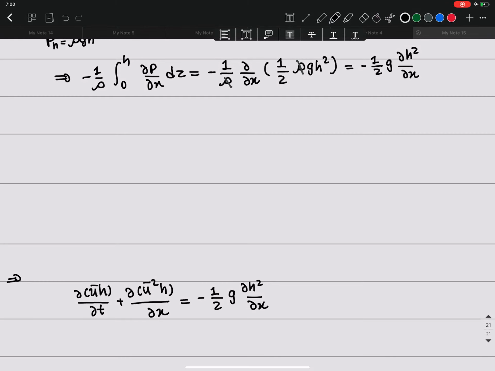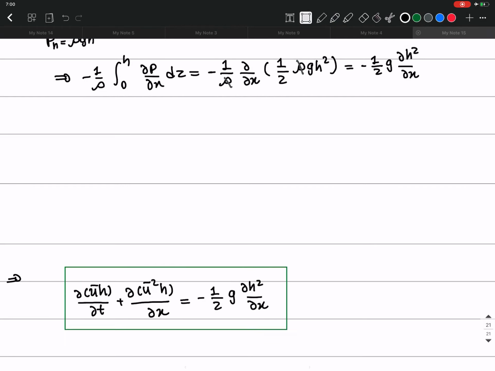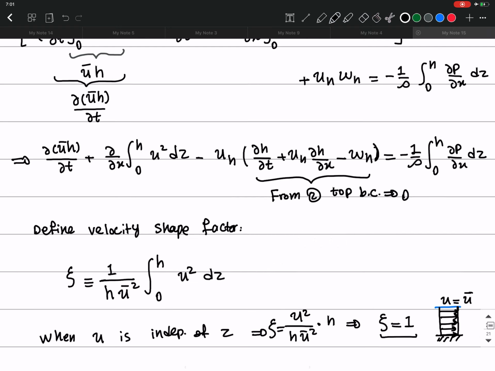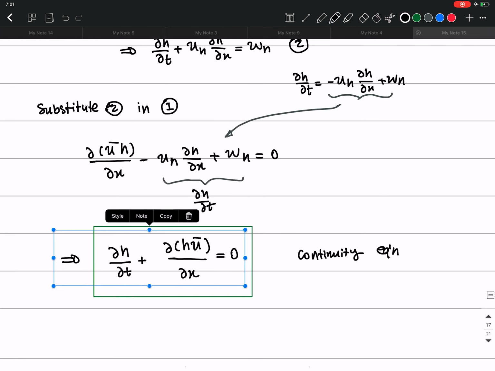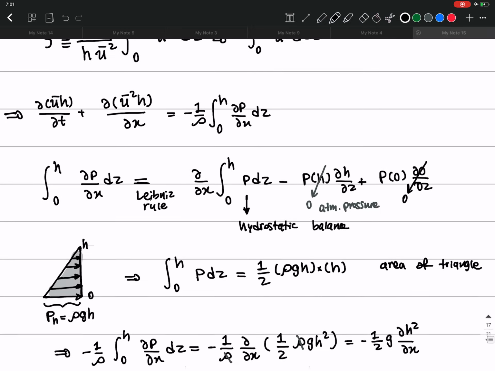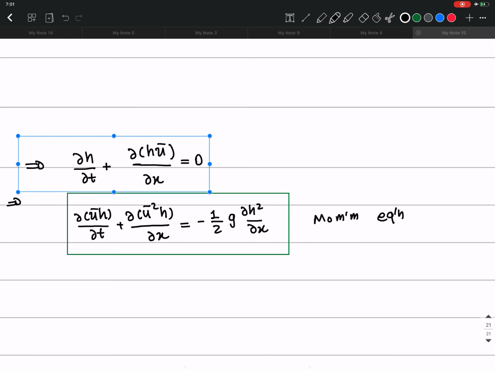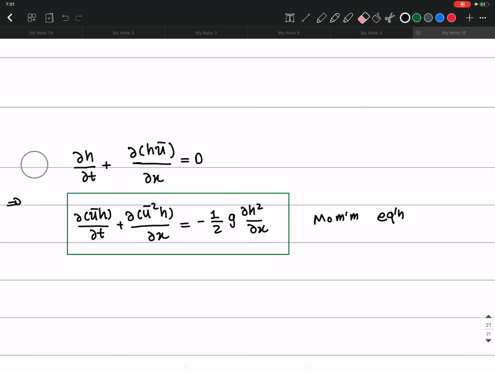This is my shallow water momentum equation. Now if we add the continuity equation that we derived, we get a system of partial differential equations that we can solve numerically. This is the continuity equation.